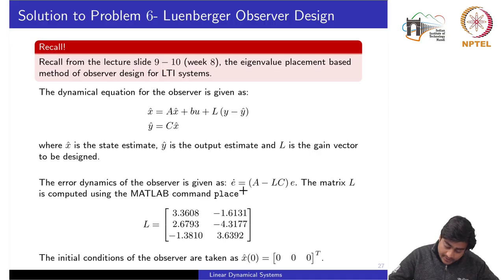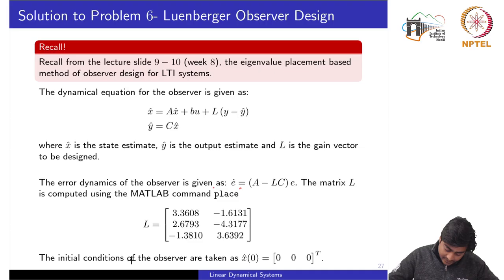If you recall, the error dynamics were given by e dot equals (A minus L C) e, where we can compute this L matrix directly if the observability of the pair A, C is satisfied. We have used the MATLAB command place to place the eigenvalues onto the left hand side, and we have computed this L matrix.